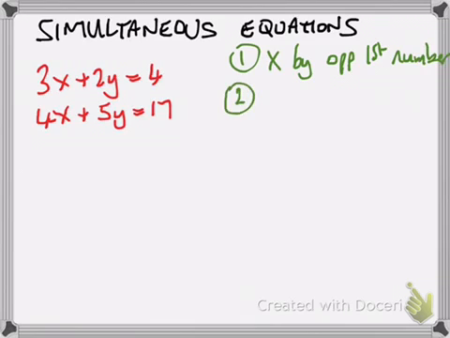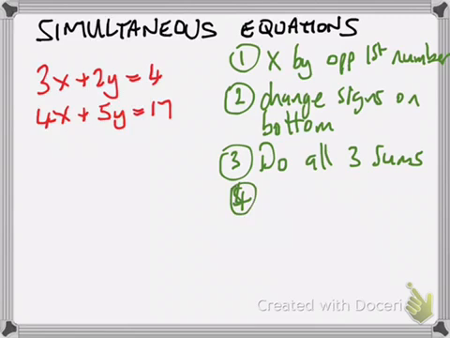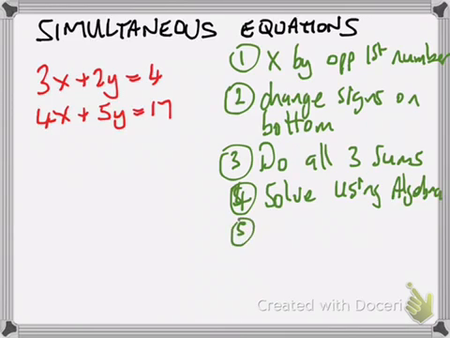The second thing you do, easiest to change the signs on the bottom and subtract, and you get three sums. So you do all three sums, and 4 solve using algebra, and 5 sub in to find x.